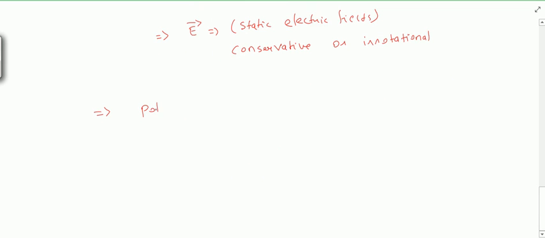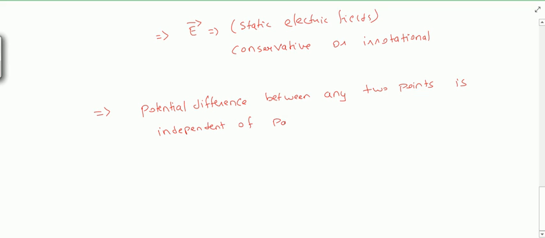This potential difference, or electric potential, the potential difference between any two points is independent of the path chosen.